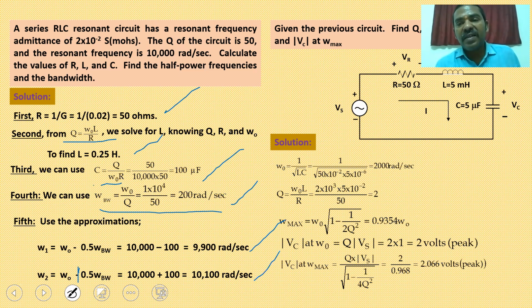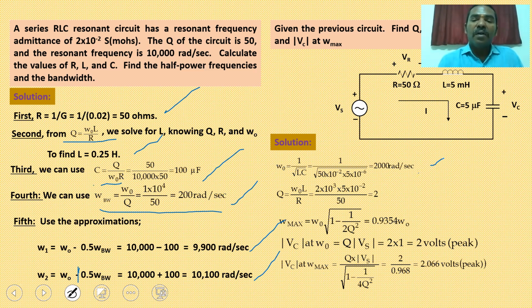Here the resistance value given is 50, inductance is 5 millihenry, capacitance is 5 microfarads. So the resonating frequency omega naught is equal to 1 by root LC. Substituting L as 5 into 10 power minus 3 and C as 5 into 10 power minus 6, we get 2000 radians per second.